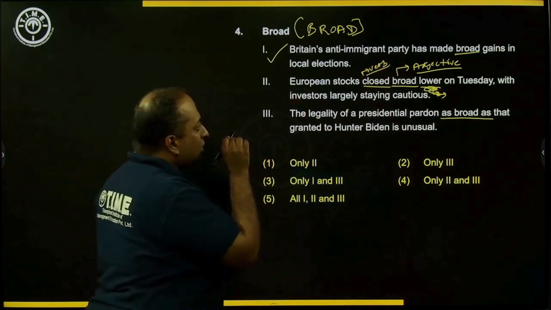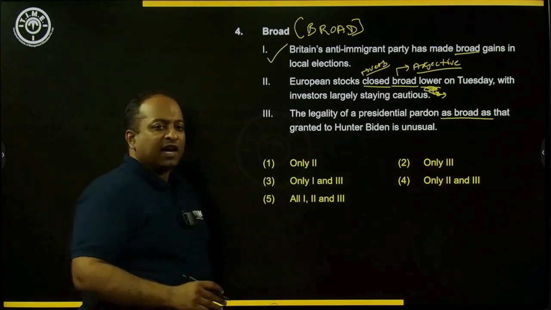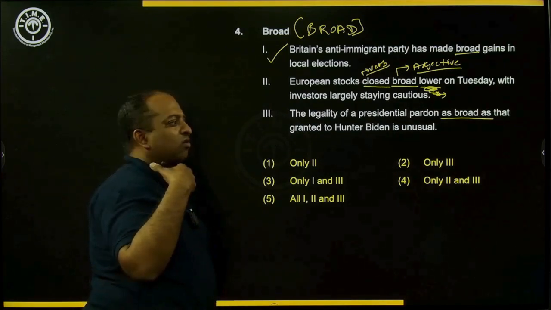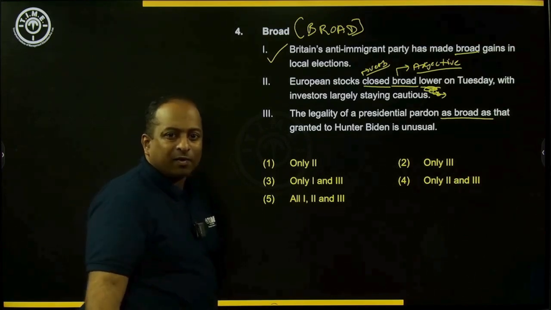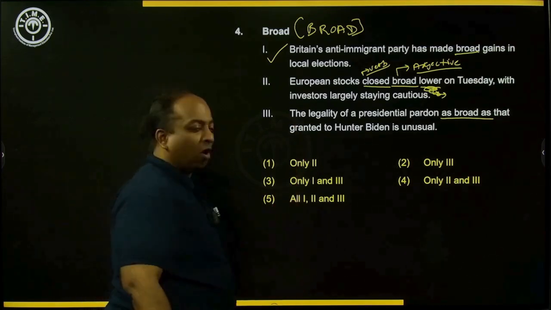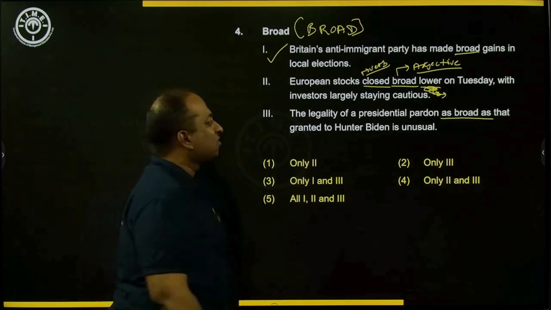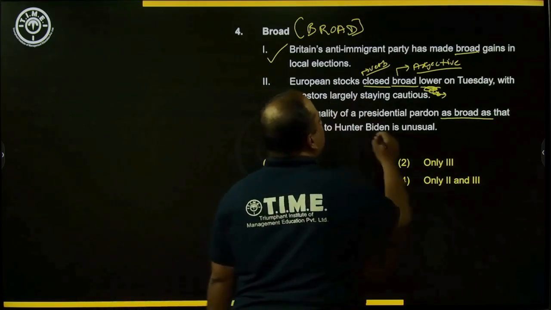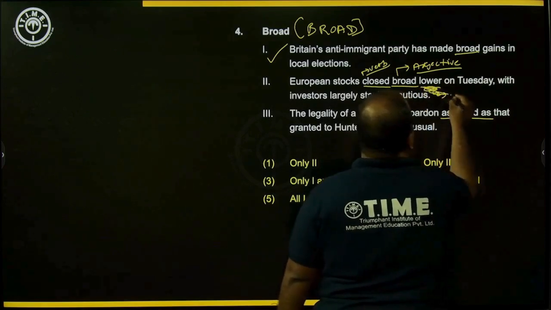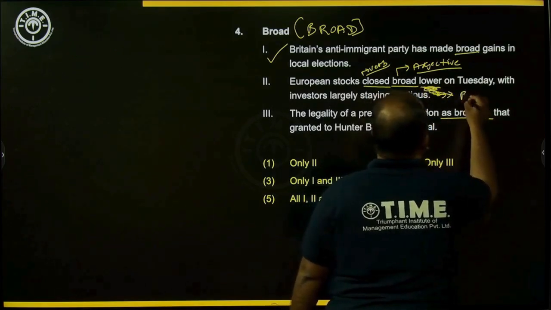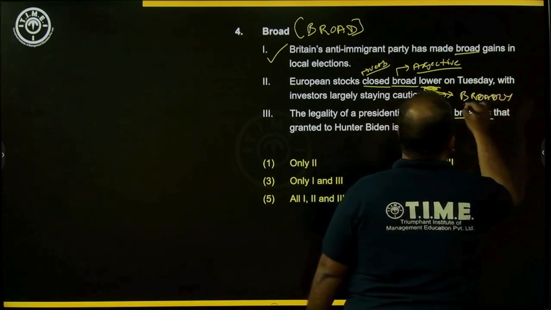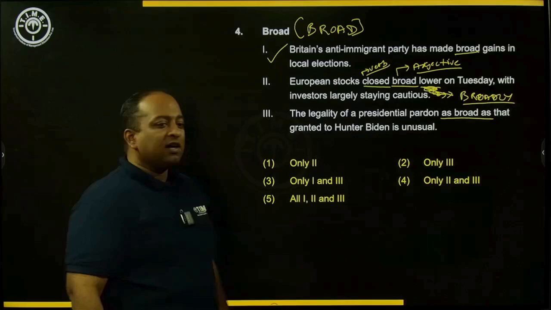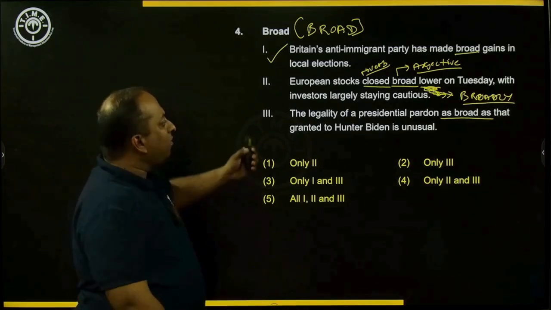When you are talking about a word which has to qualify a certain verb, then it has to be an adverb. But here we are using broad, which is an adjective. So for this sentence to make meaningful sense, this word should be broadly. Broadly would be the adverbial form of the word broad.